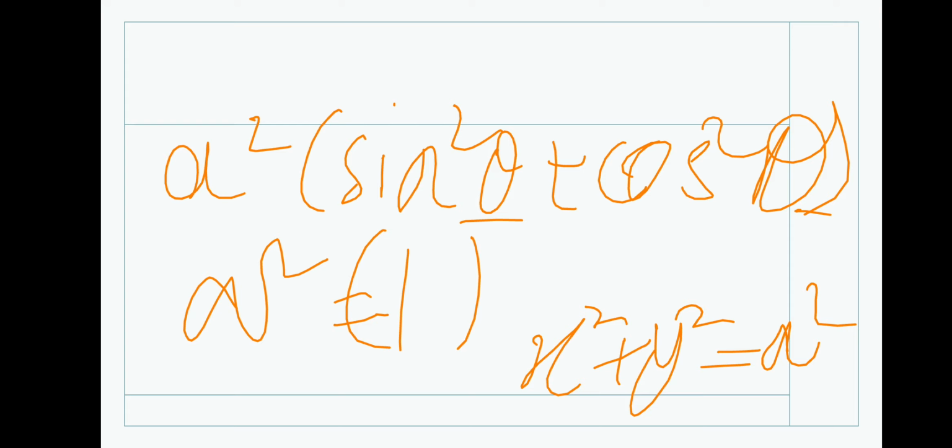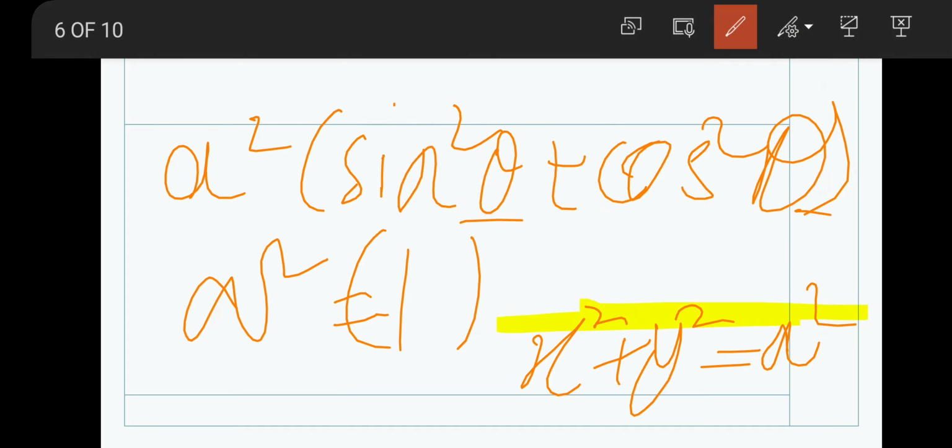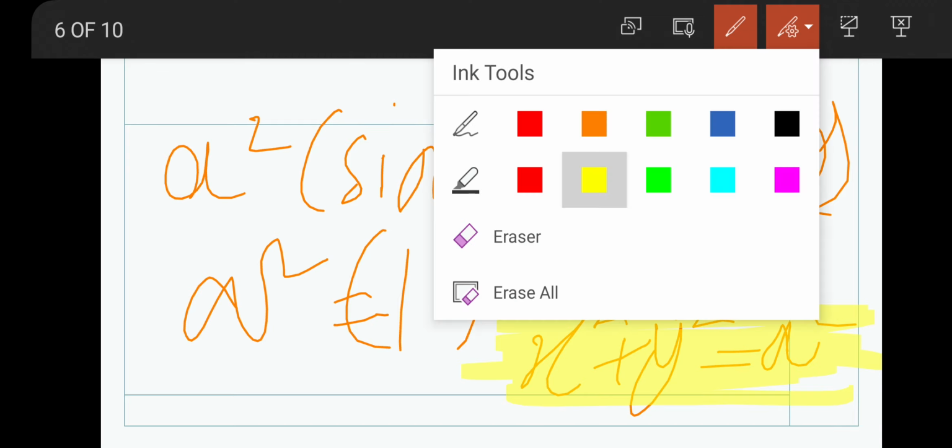Adding any two equations for this particular quantity gives 1, so obviously a square. So the answer will be x square plus y square equals a square. This is how you have to do it.